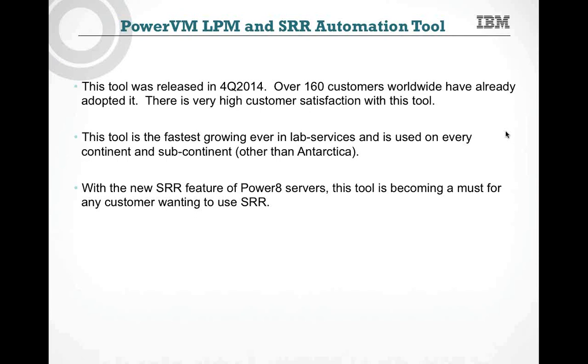You might hit this with the LPM automation tool, but the question is, will SRR maintain the fiber channel mappings? This is for those that know LPM and the fiber channel mapping things. If you have one VLS pair, you just lose your FCS mappings, but not your VLS mappings. But if you have more than one VLS pair, sometimes things don't end up where you want them to be.